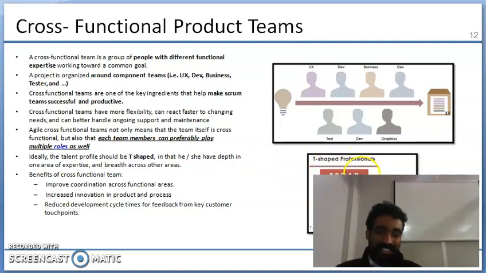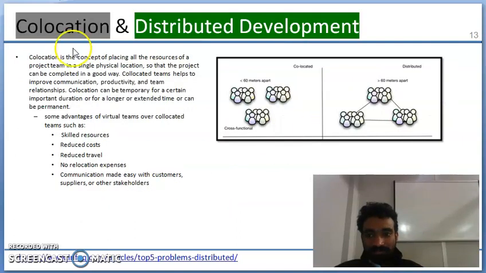His skill set should be of a T-shaped profile, wherein he should have broader knowledge of many things, and in-depth knowledge of a single thing in which he is an expert. Coming to collocation and distributed development, today they are using the distributed development approach.